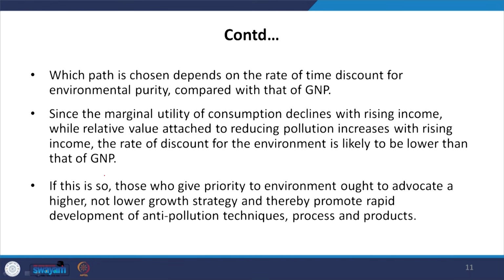path would lead to better environmental protection in the long run, because we know that marginal utility of consumption declines with rising income. So, when we discount our future GNP at a discount rate, we have to keep in mind that marginal utility of consumption declines with rising income. So, therefore, the discount rate would be high, but at the same time we as consumers also give more attachment to reducing pollution with the increase in income.